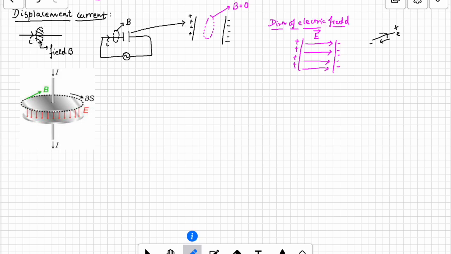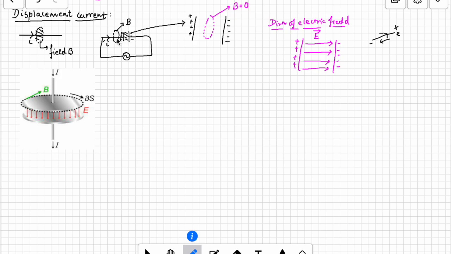So if I say that a current is flowing through a conductor, at any point I can find out the magnetic field. Now let's slightly modify this situation, and let's say in this current carrying conductor we are placing a capacitor in between. A capacitor will have a positive plate, and this would be your negative plate. You are applying an AC source, and in between there will be an electric field, and of course there is some dielectric material.